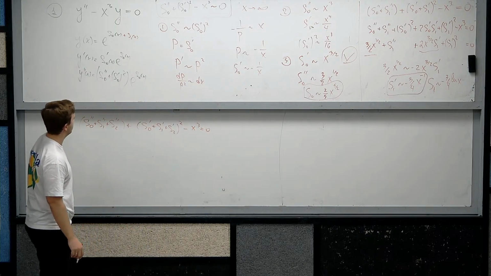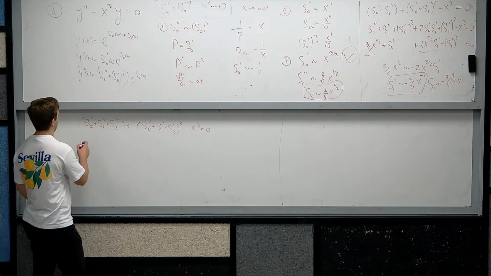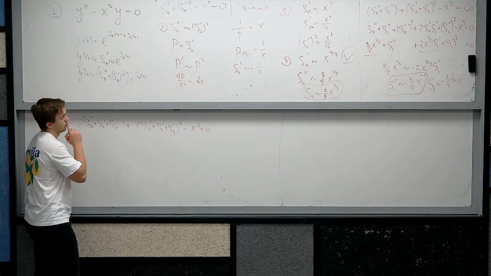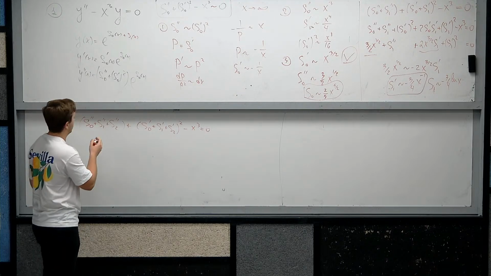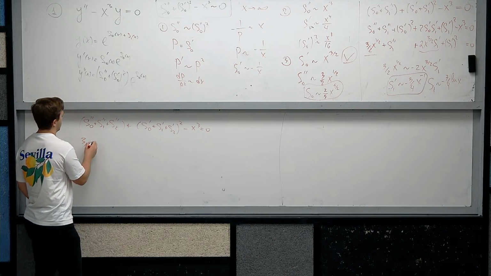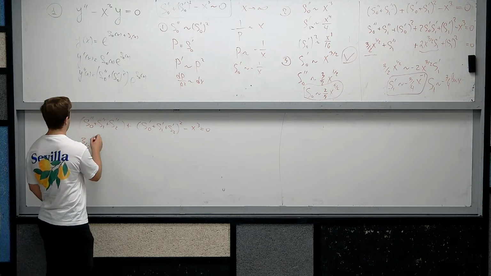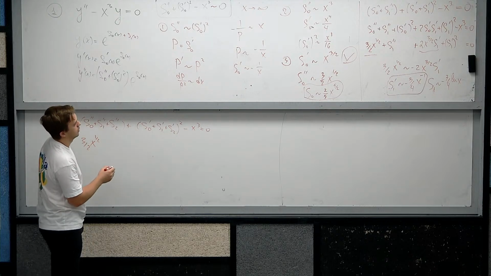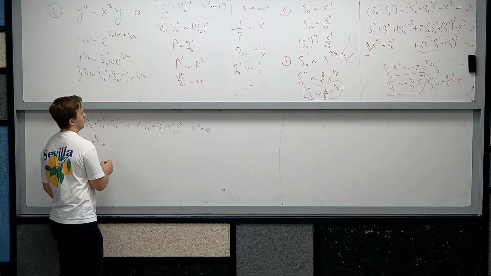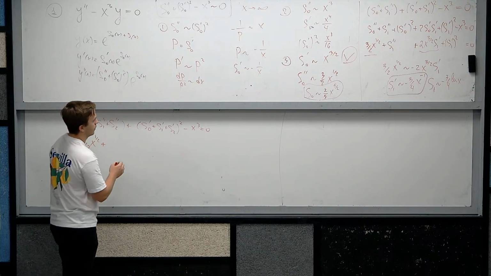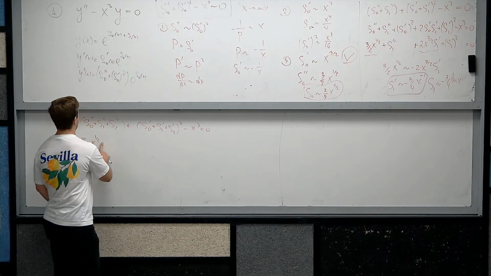Okay. So S naught double prime is 3/2 x to the this one, plus, I'm sorry, minus.